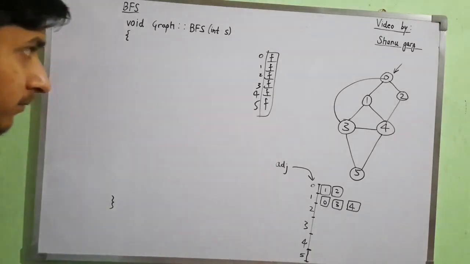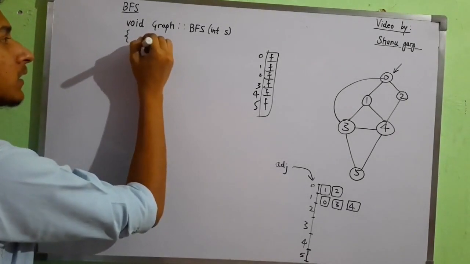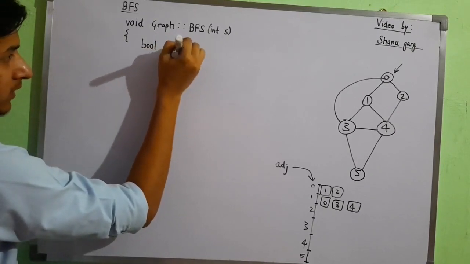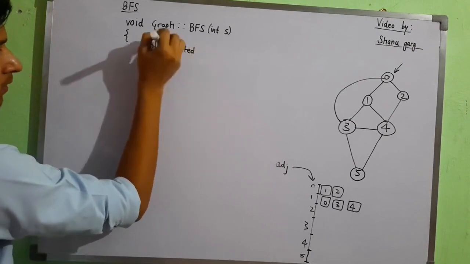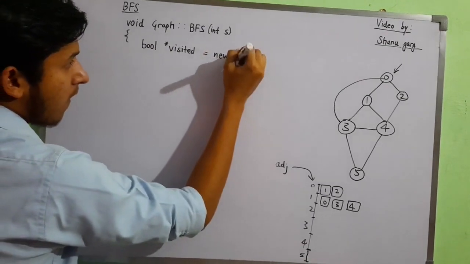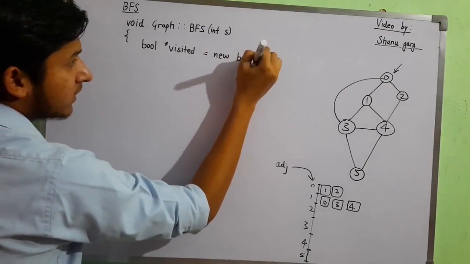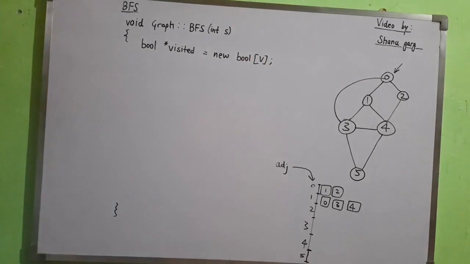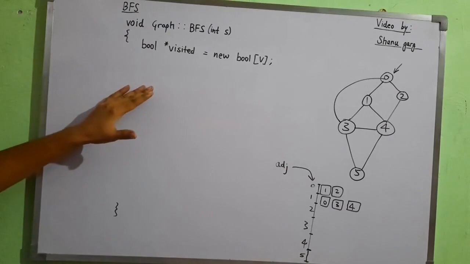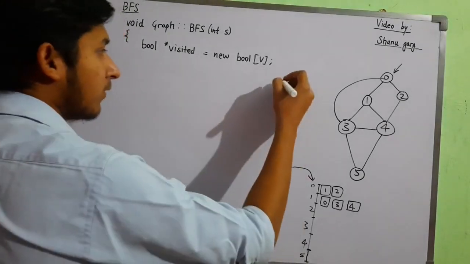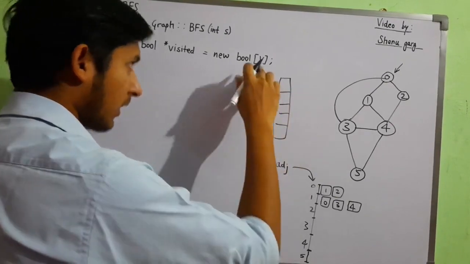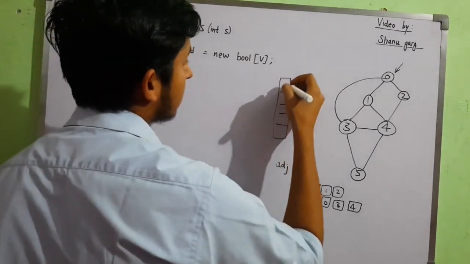Simple. Now there is a Boolean that's visited, and that is actually an array of size capital V. We have an array visited of size capital V, the element of the class.